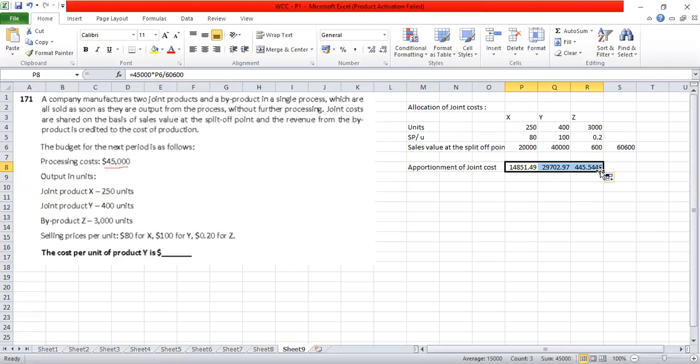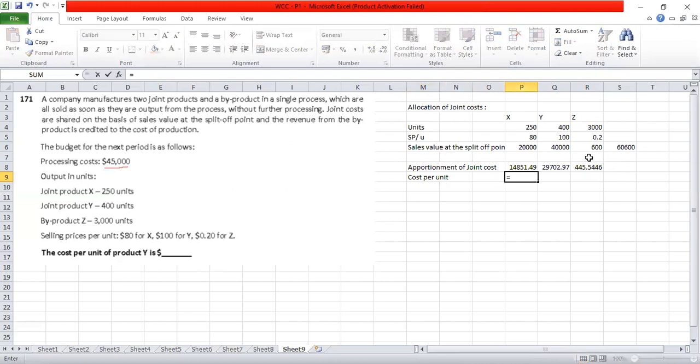So this is the allocated or apportioned joint cost for each of these products. The question is asking us to find out what is the cost per unit of product Y. So cost per unit would be the cost which is allocated divided by the number of units, 250.